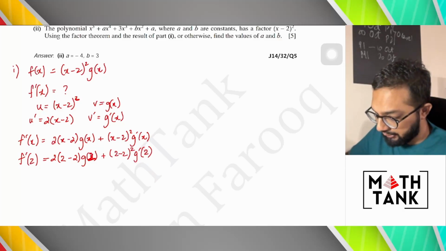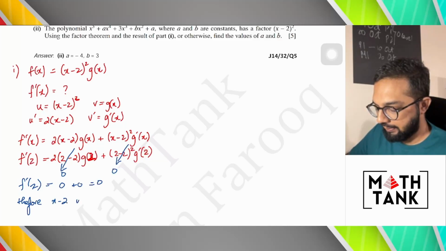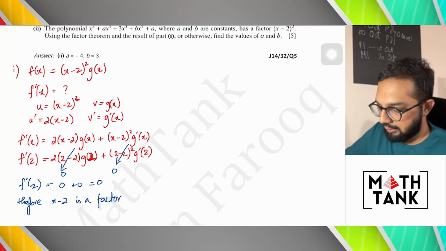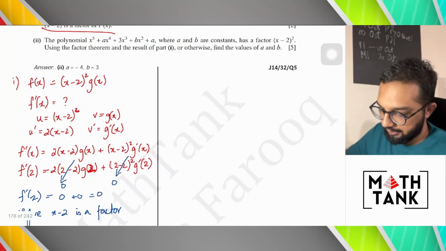Let's see if this becomes 0. This becomes 0, so that entire term becomes 0, and this also becomes 0. So f bar of 2 is basically 0 plus 0, which is 0. Therefore, x minus 2 is a factor. Okay, that's the first.